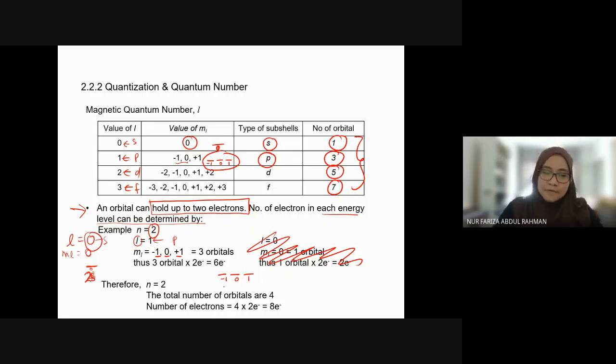Anyone? What would be the subshell notation for this one? 2p. Yes, it should be 2p lah. Okay, this whole thing is 2p orbital. Dia located kat n sama dengan 2 and then these tiga orbital ni belong to P orbital.